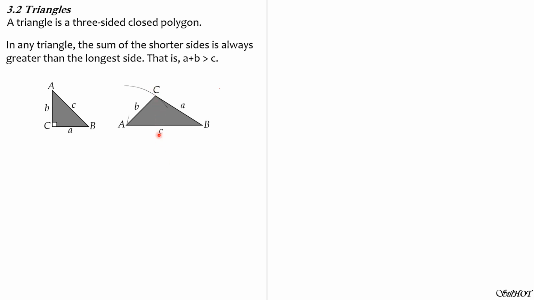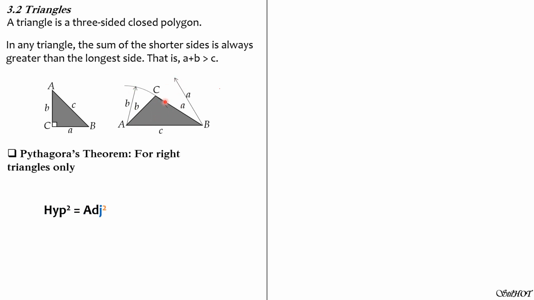So that's the condition, strike an arc, and that is B, radius. This is A, strike an arc, and that is definitely of radius A, and the intersection will be at C. This is Pythagoras' theorem for right triangles only.